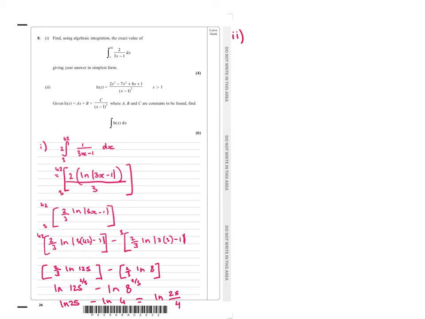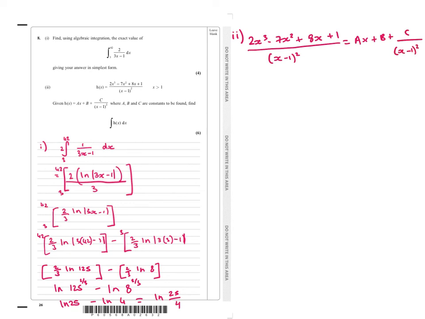So here we go, we've got 2x cubed minus 7x squared plus 8x plus 1 over x minus 1 squared needs to equal ax plus b plus c over x minus 1 squared.